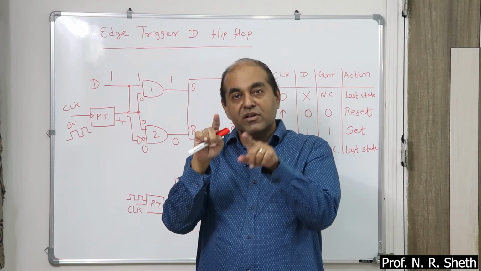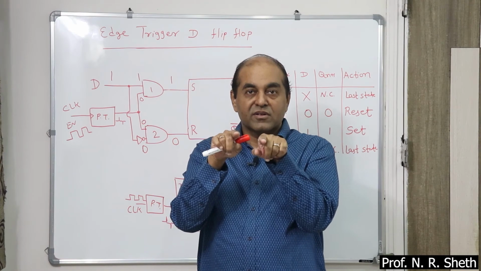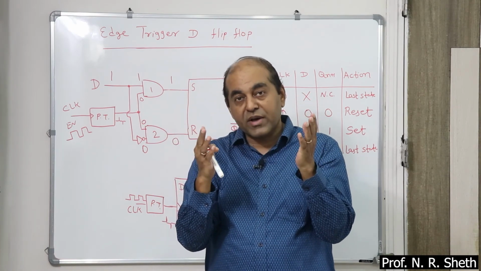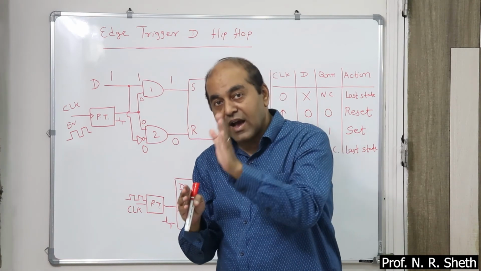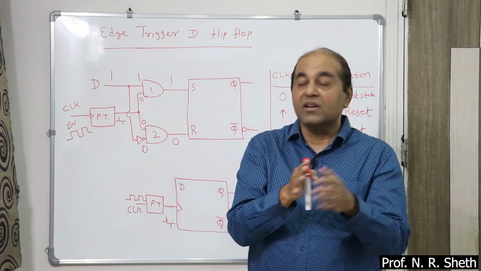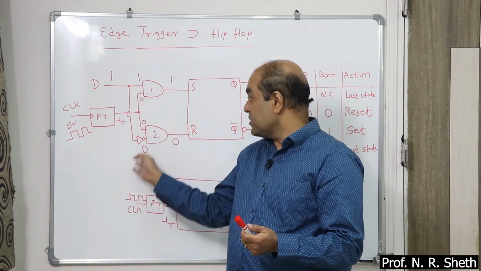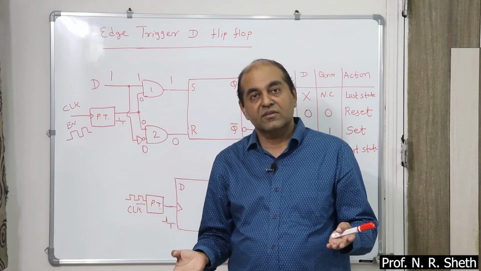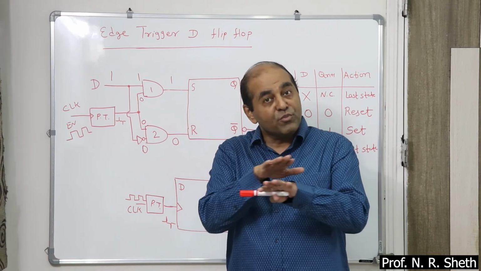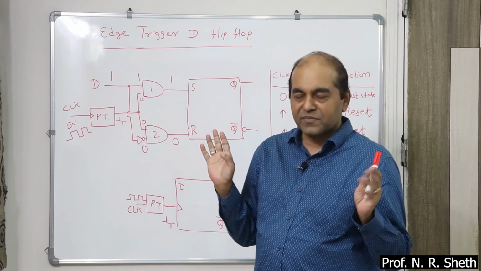So your inputs are never in equal state. See, in RS flip flop, when S is 1 and R is 1, forbidden state occurs, means when the inputs are at same level. Here inputs never become the same level, because D and D bar are always complement to each other. So there is no possibility of forbidden state.